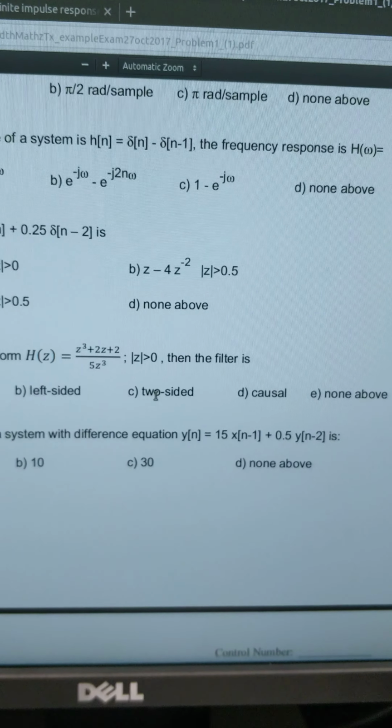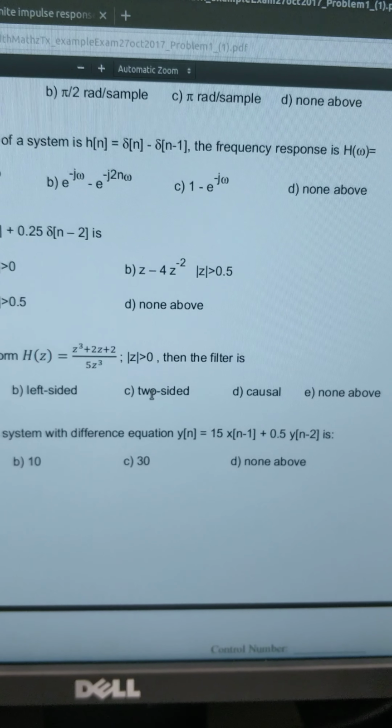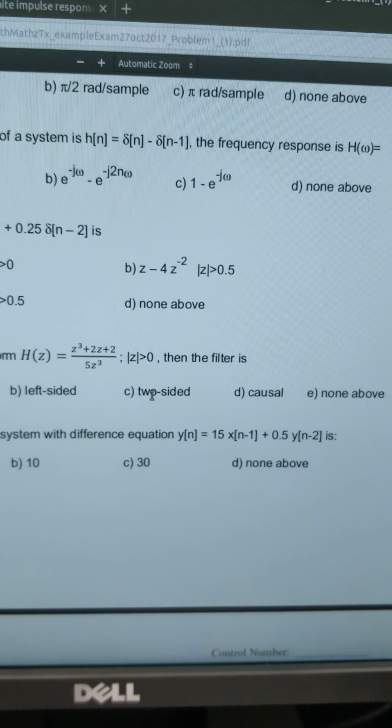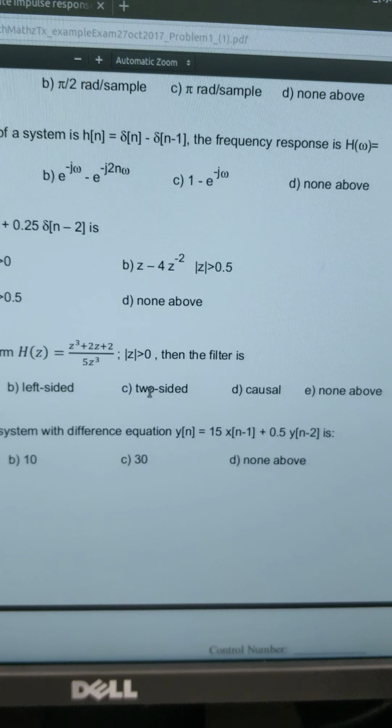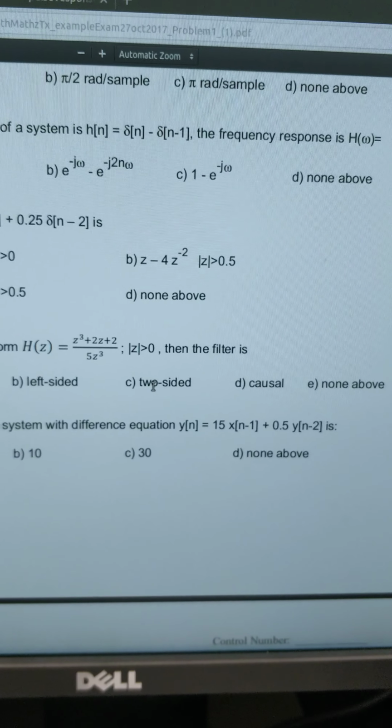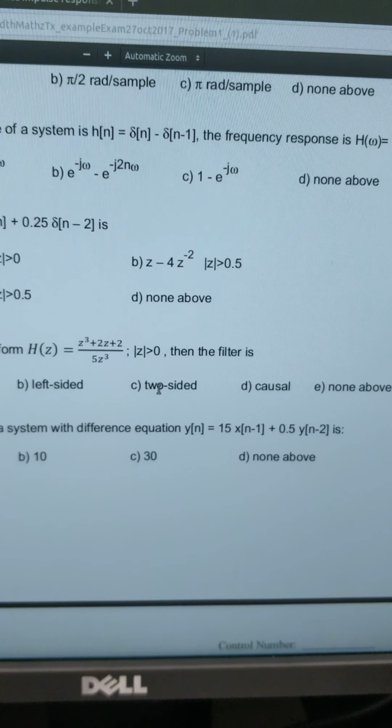So when we set 5z cubed equal to 0, we get z equal to 0 would make 5z cubed equal 0. When we look at the zeros, we equate the numerator to 0. So in order for the numerator to be 0, we set z cubed plus 2z plus 2 equal to 0.